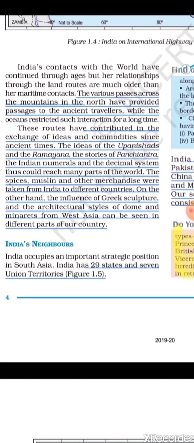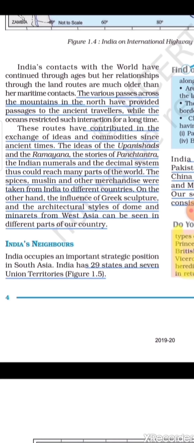The ideas of the Upanishads, the Ramayana, the stories of the Panchatantra, Indian numerals and the decimal system could reach different parts of the world from our country, and different commodities like spices, muslin and merchandise were taken from India to different countries.